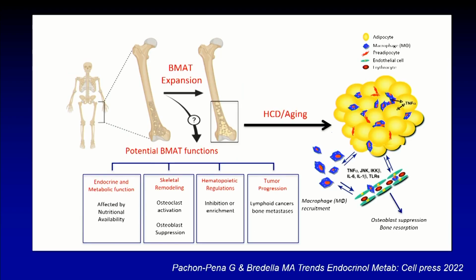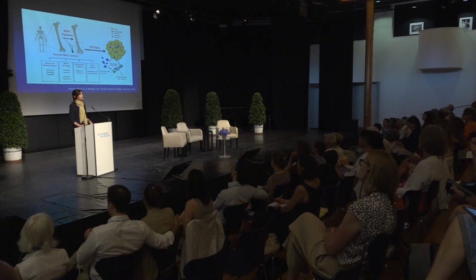So now what is the function of marrow fat? This is from a review we recently published, where we explain that the interesting or very unique feature of marrow fat is that it can expand. Not that the bone gets bigger, but you get more adipocytes under certain conditions.